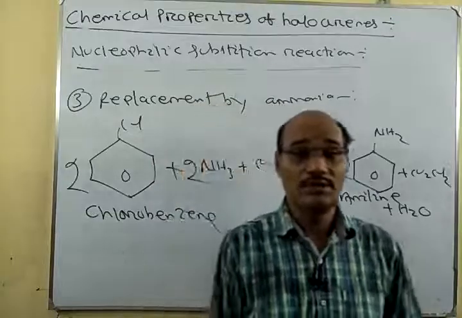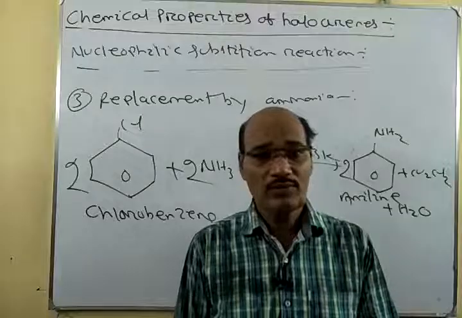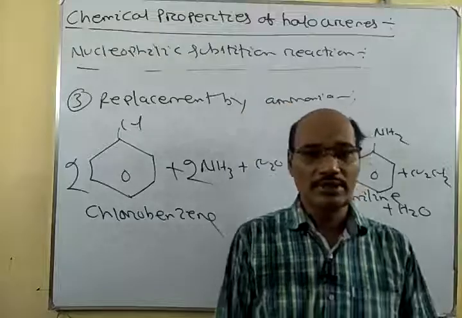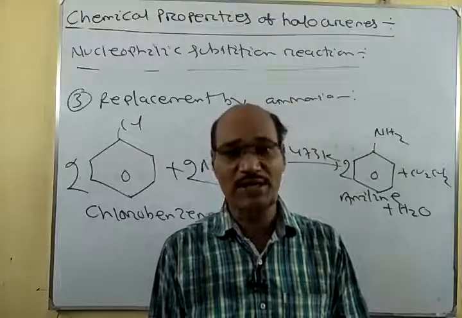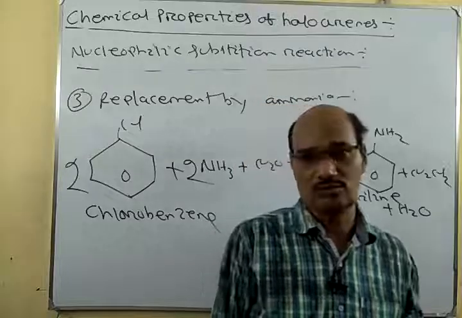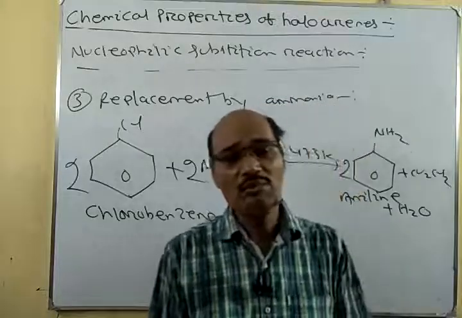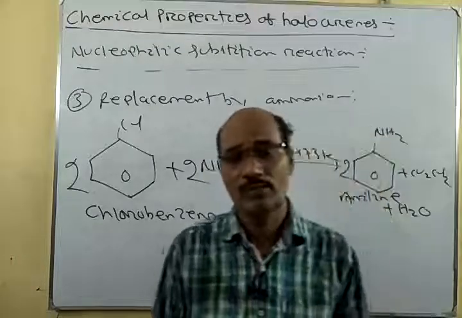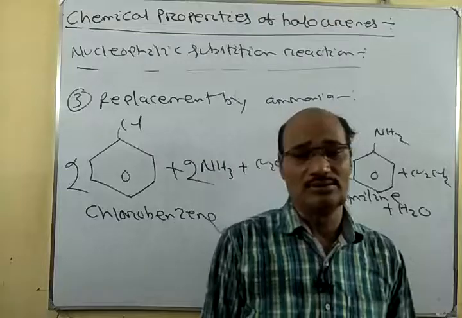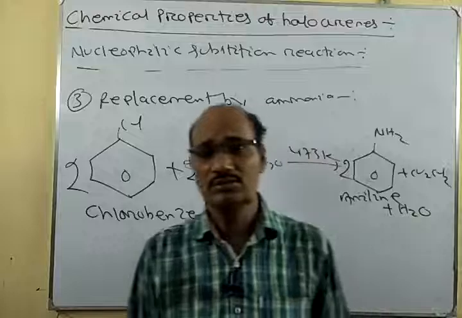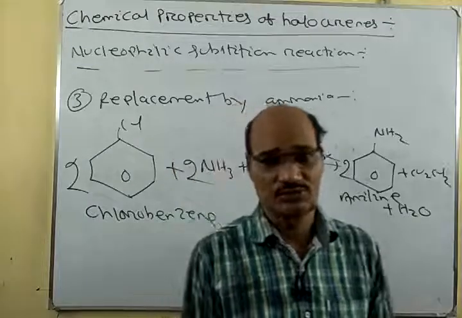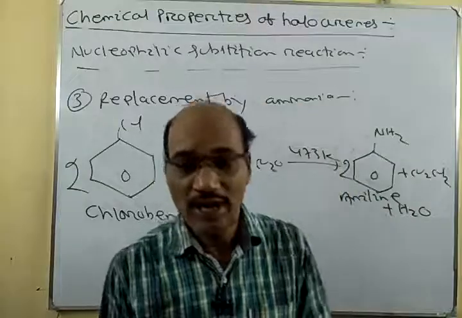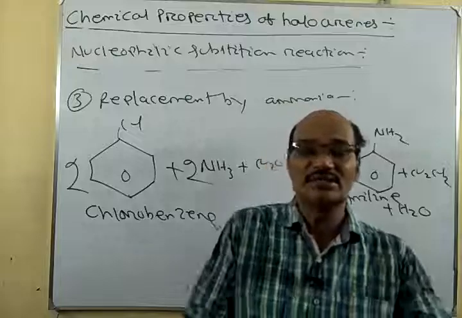However, haloarenes can be reactive towards nucleophilic substitution reaction if electron withdrawing groups are present at the ortho or para position. When electron withdrawing groups are present at the ortho and para positions, the electron density on the benzene ring decreases. That weakens the C-X bond, so that a nucleophile can easily replace the halogen atom.